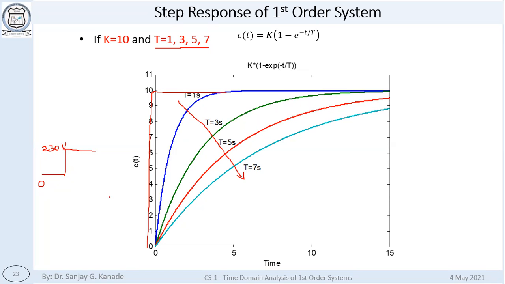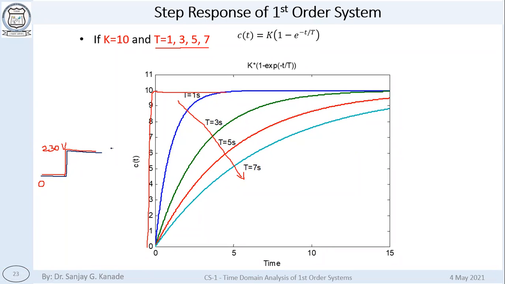So ideally, the fan speed, let's say when it was off, it was 0, and at that time you want the fan to be turned on. So ideally, you would expect the fan to turn on instantaneously. However, this is the ideal expectation.